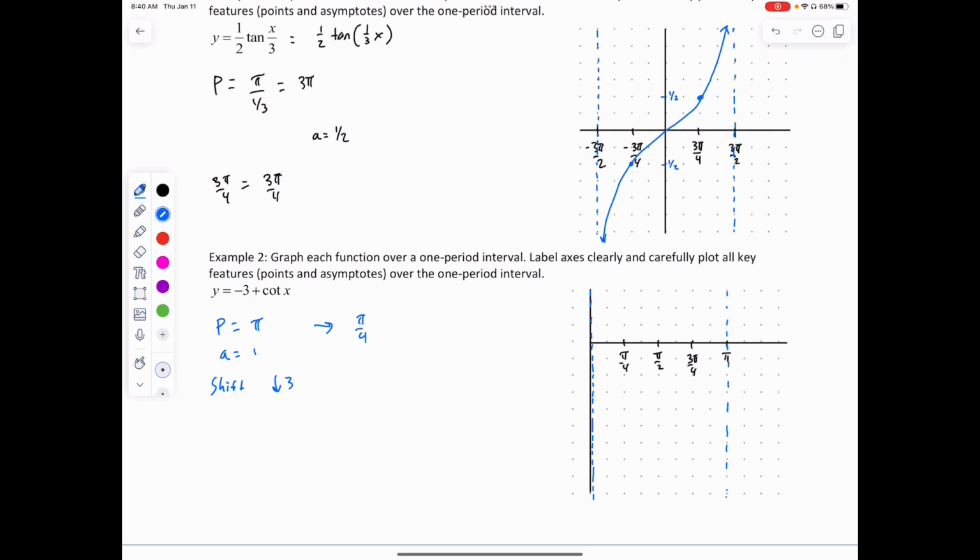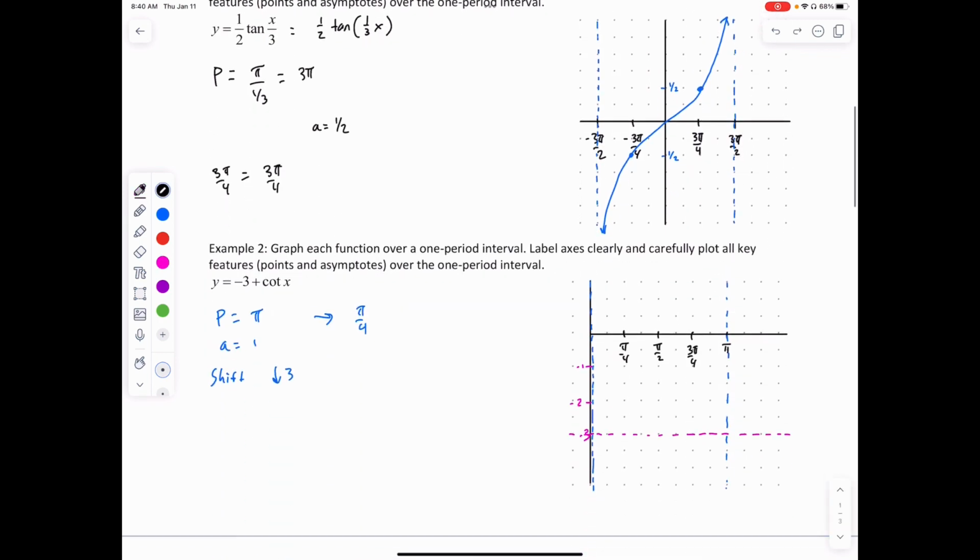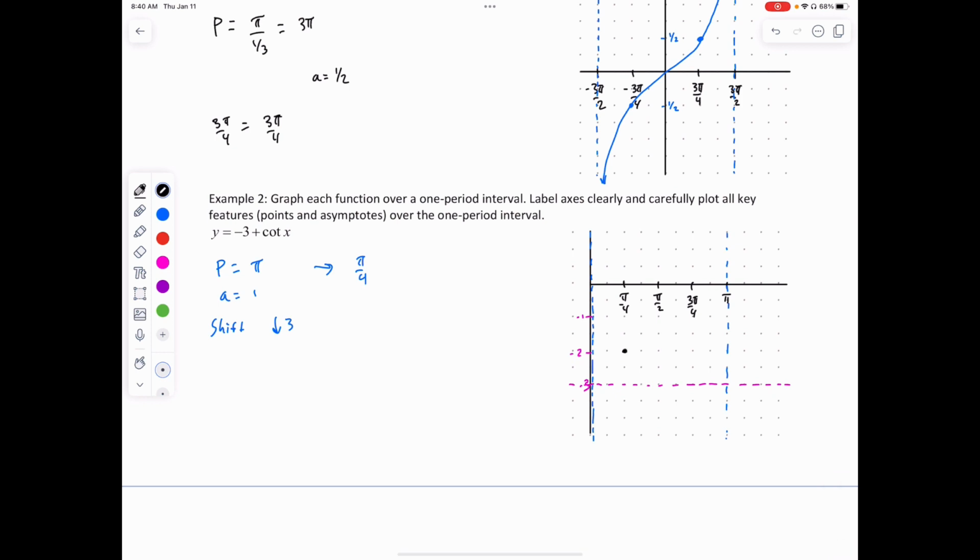But now, because I'm shifting down by 3, I'm going to have a new equilibrium point like we did with the sine graphs. -1, -2, -3. So my equilibrium point is going to be right along here. And then for each of these values, I follow the cotangent graph, which starts at +1, 0, and -1.